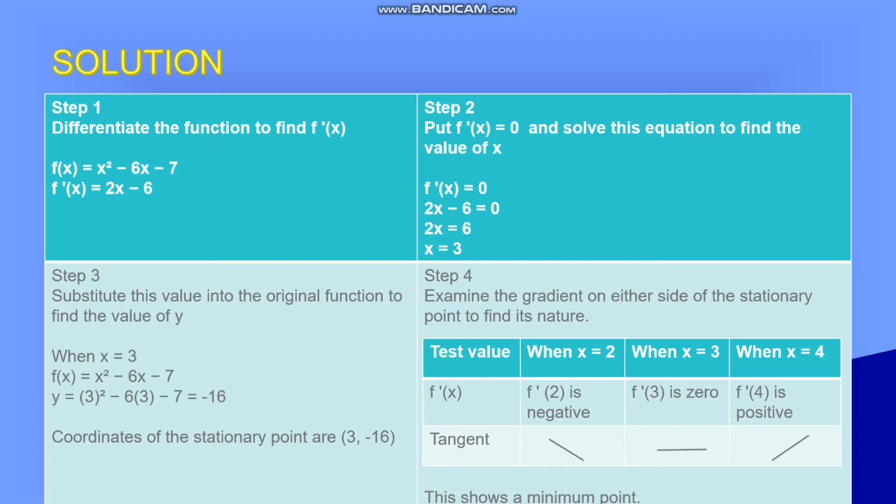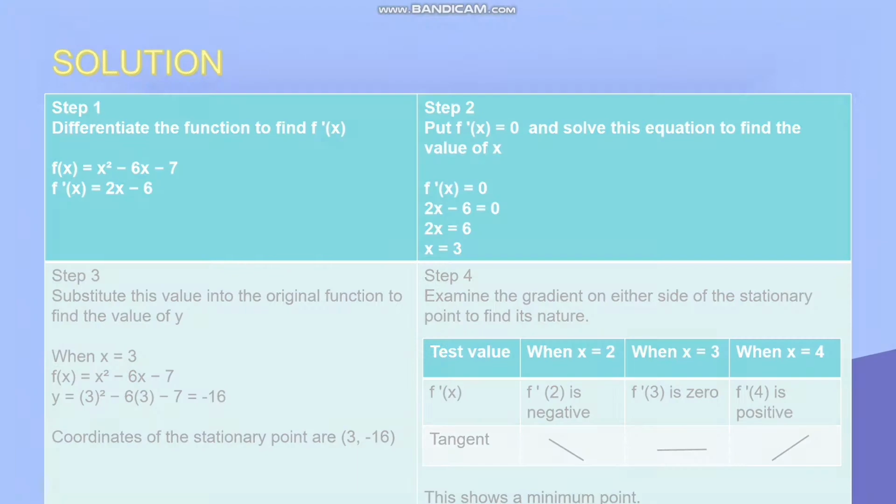When x equals 2, f prime 2 is negative, so the tangent is going down. When x equals 3, f prime 3 is 0, so the tangent is a straight line. When x equals 4, f prime 4 is positive, so the tangent is increasing. This shows a minimum point.